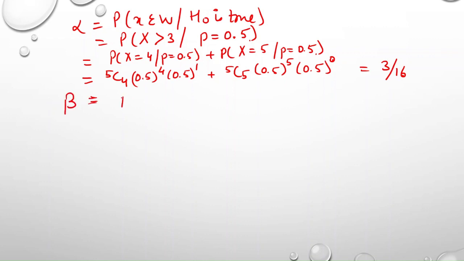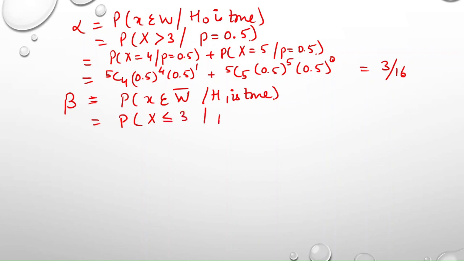Now what is beta error? Beta error is the probability of X belonging to W complement when H1 is true. So X less than equal to 3 when P is 0.75.